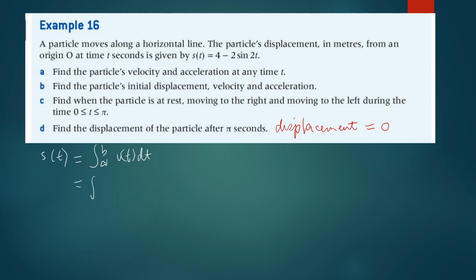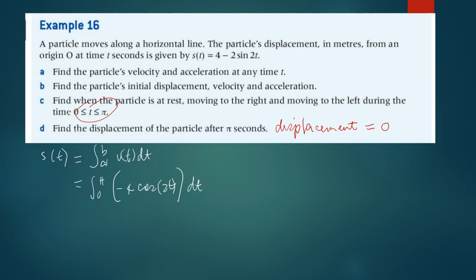So we have here from 0 to pi, that's our boundaries. And then our v(t) is negative 4 cosine 2t dt.